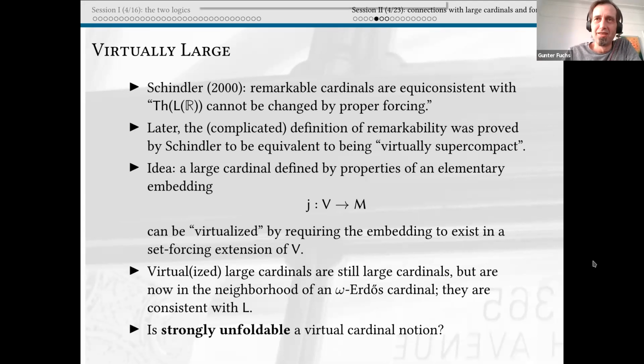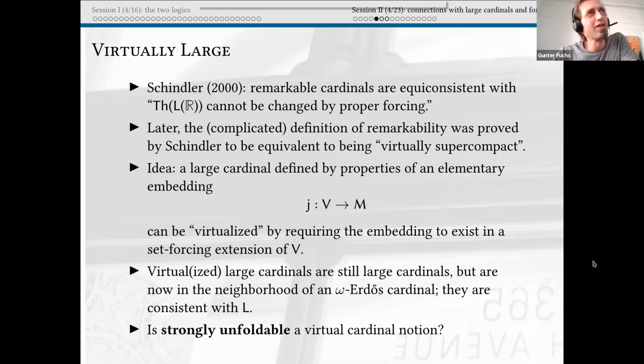So he defined lambda reflecting. The kappa is lambda reflecting, and that then allows you to force a level of the proper forcing axiom, not the full one, but basically the one up to level lambda.